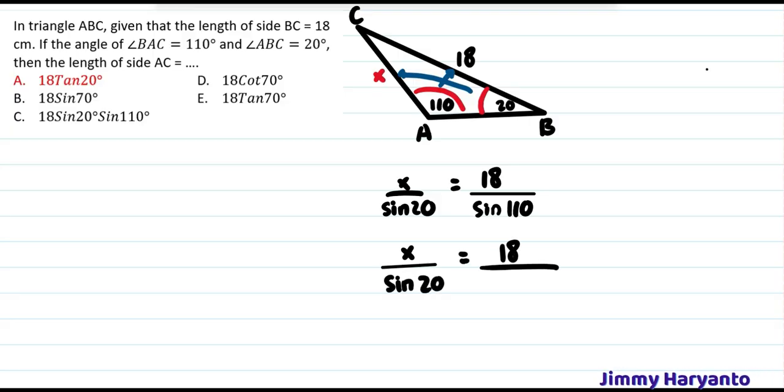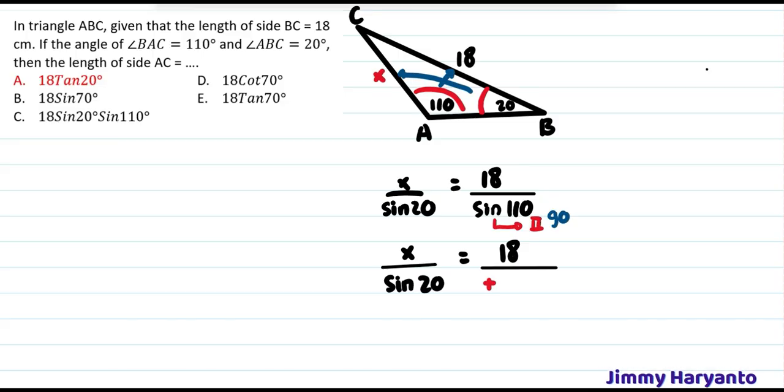So I can see that 110 is related to 20. 110 is in the second quadrant, right? It's in the second quadrant, and then sine in the second quadrant will be positive, and then I will use 90 degrees as the boundaries. So when I subtract it, I will get 20, right? And 20 is the same as this one.